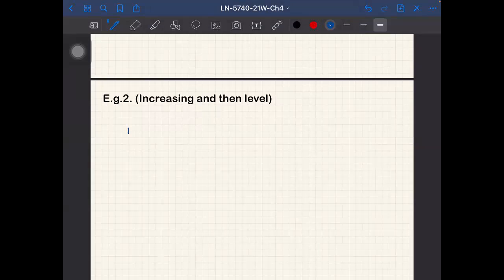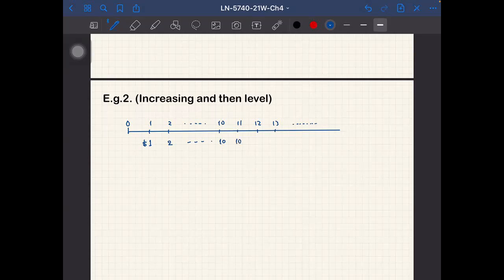So consider the time diagram, from one to infinity. The payment amounts are $1 times 1, $2 times 2, and so on up to $10 times 10. So it's increasing over time.